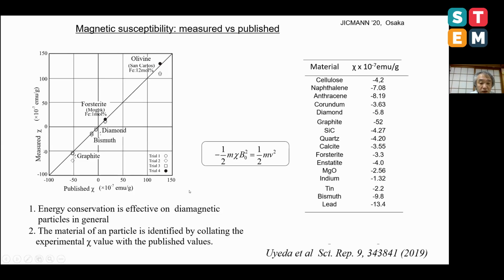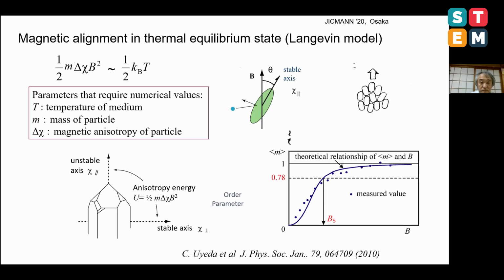So by collating the chi value with the list of these values, we can identify the materials, even if the material is not identified. And so much for magnetic translation, and we move on to magnetic alignment.